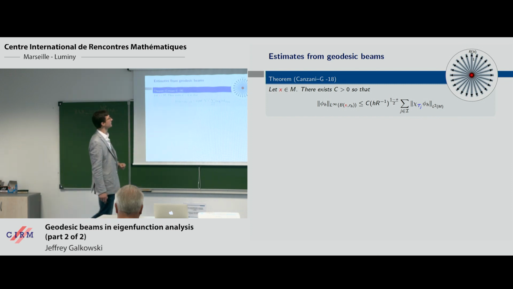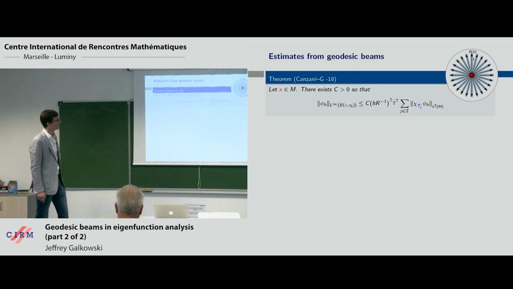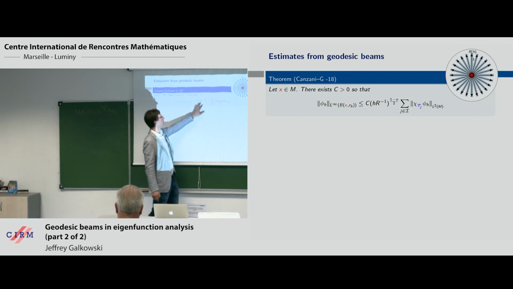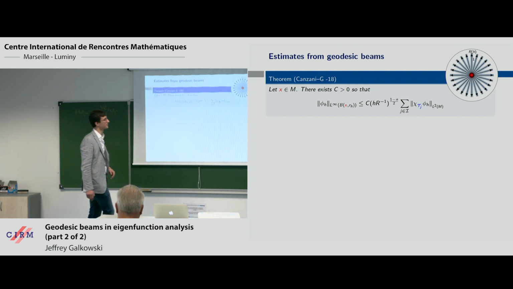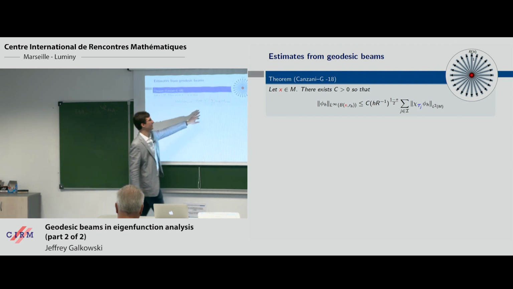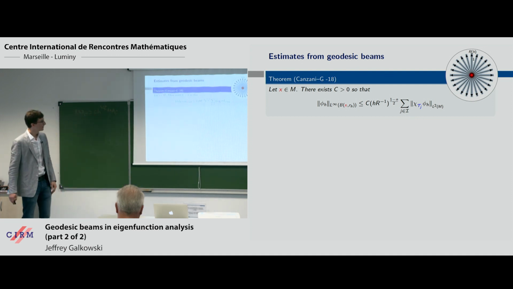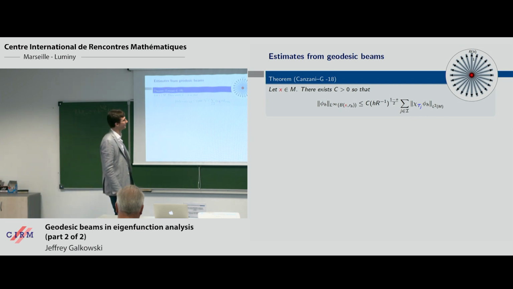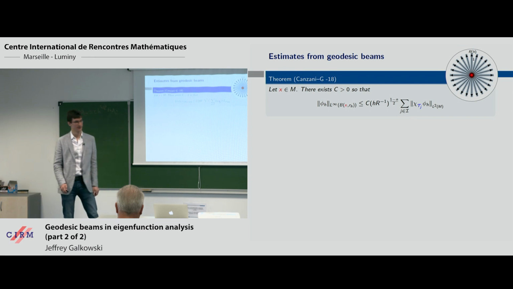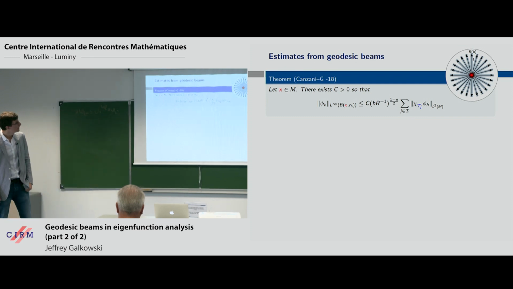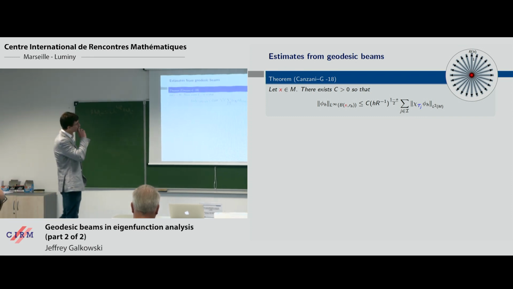We estimate the L infinity norm in some ball around a point by the Hormander bound, improved by this factor of r to the (n minus 1) over 2, but multiplied by a gigantic sum, right? It's a big sum. It has, in principle, r to the minus (n minus 1) terms in it. Okay? But that turns out to be very useful.